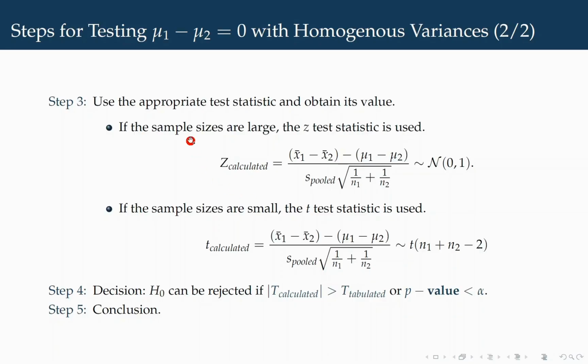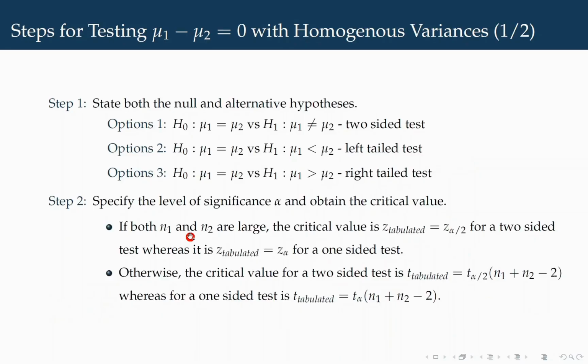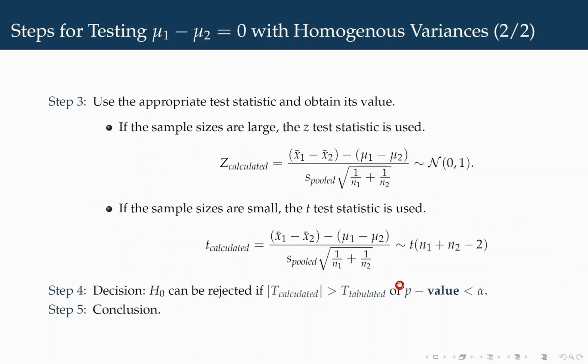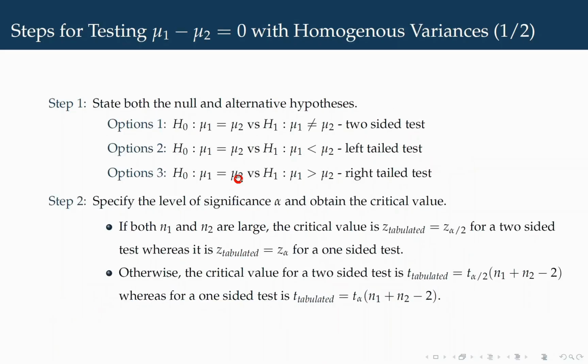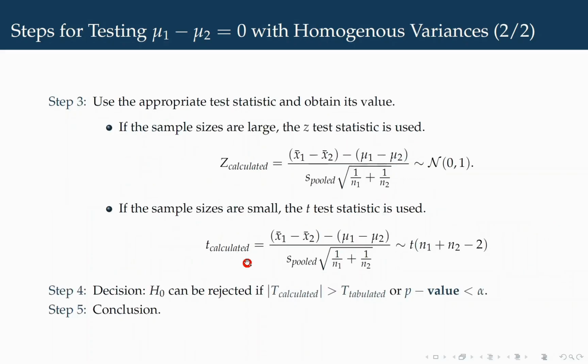Then once we obtain the calculated value and the tabulated value, next we need to make a decision about whether to reject H0 or not. So if the calculated value of the test statistic T calculated or Z calculated is in absolute value greater than the T tabulated or the Z tabulated, in that case H0 can be rejected.